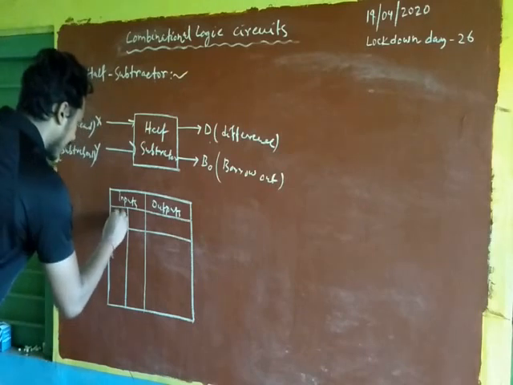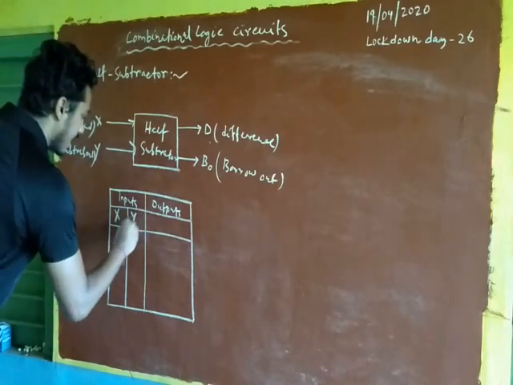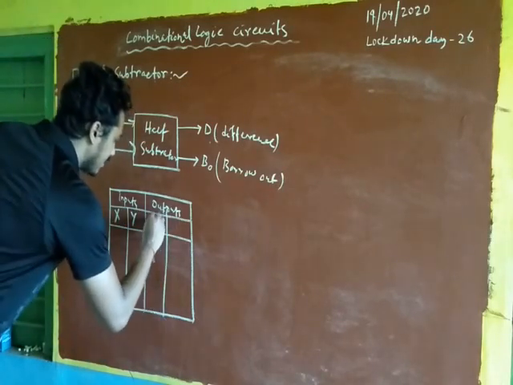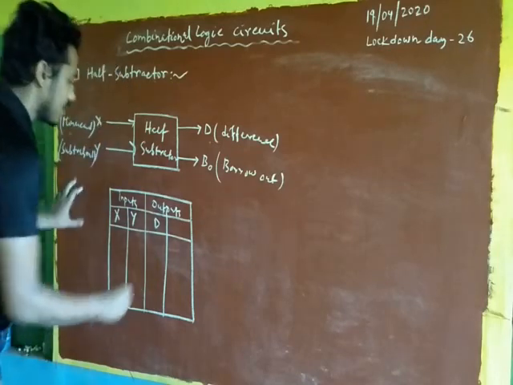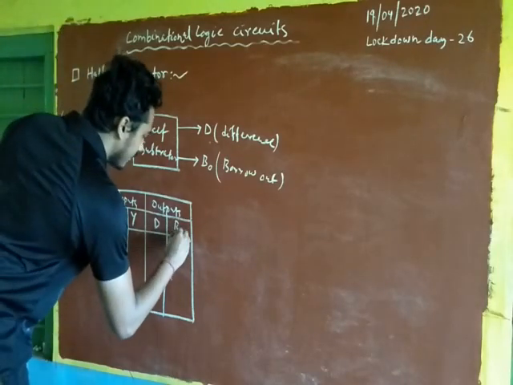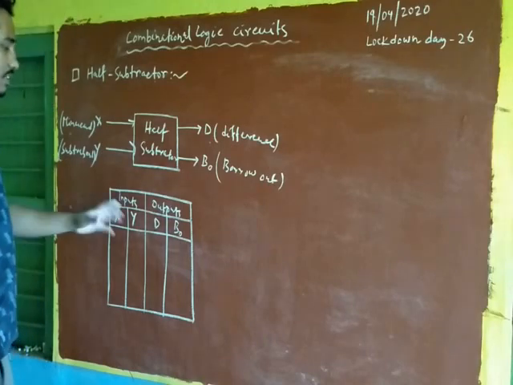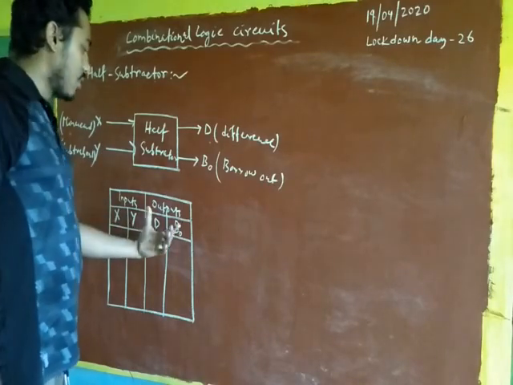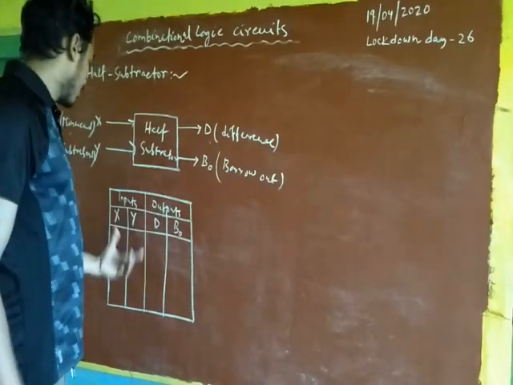X is minuend, y is subtrahend, D is the difference between x and y, and B out is the borrow out. We check whether there is any borrow output or not.